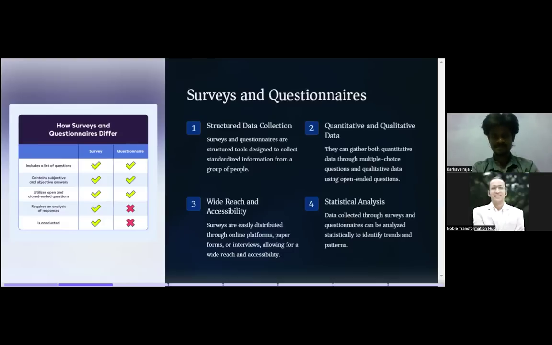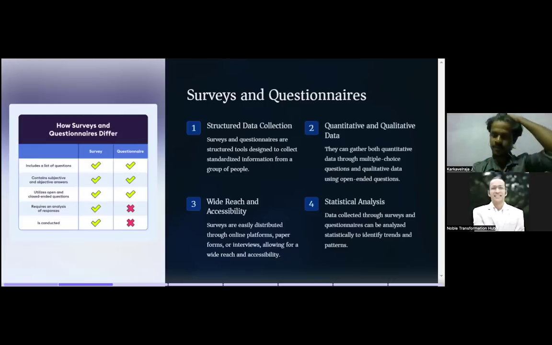Yes, so surveys and questionnaires. If we talk about stats, this is called primary research. You do surveys, but first you prepare the questionnaires based on the objective of your problem statement, and based on that you do primary research.